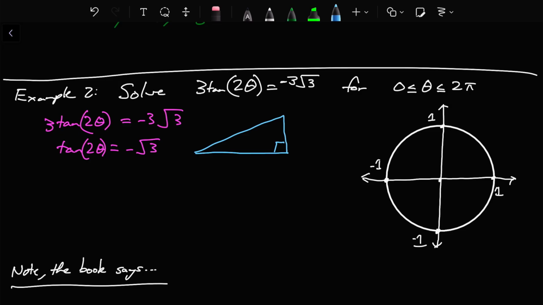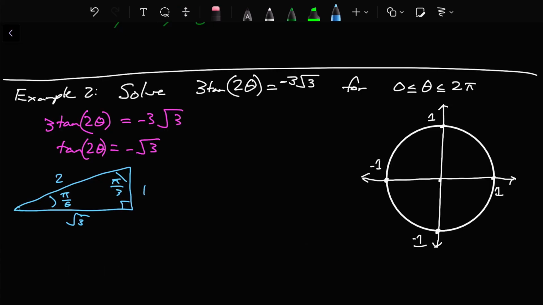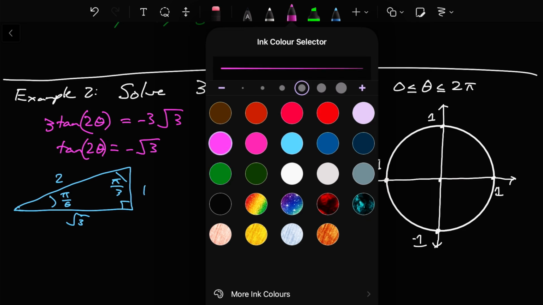Well, actually, let's draw this down here. We'll keep it consistent. We'll draw it like this. Again, root 3, 2, 1, pi on 6, pi on 3. Okay, and before we even start to look at that, we also need to check what quadrants we're working in, right?